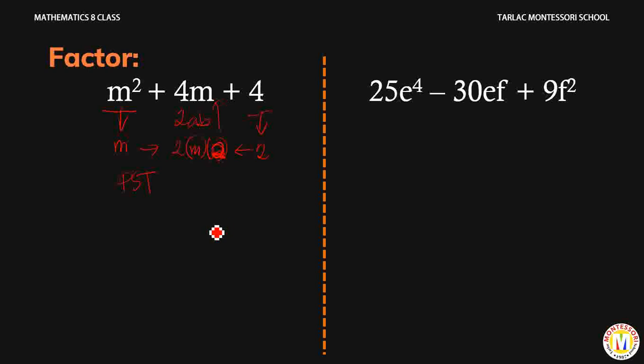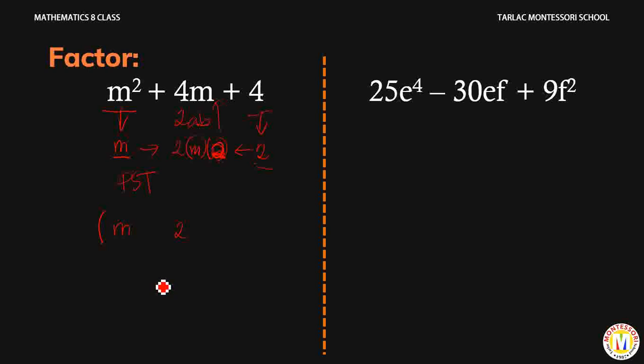Now, if you have copied the steps a while ago, you can easily recall that to set up the factor of a perfect square trinomial, we should get first the square root of the first term, and then the square root of the last term. So we have the square root of the first term, m, and the square root of the last term, 2.